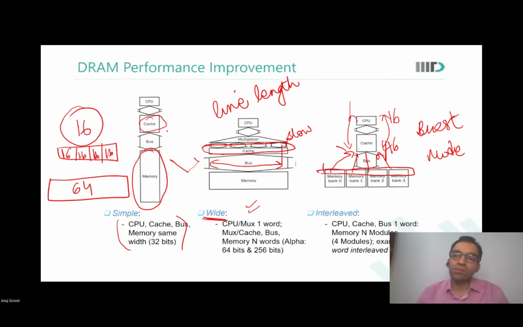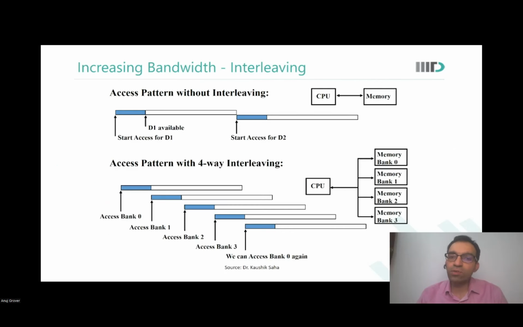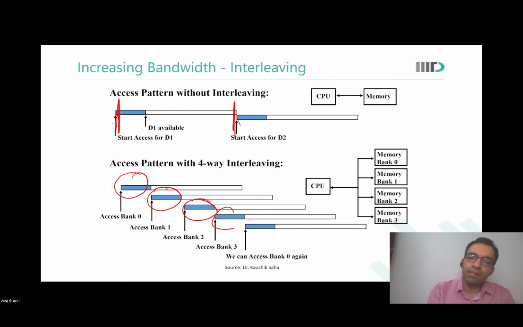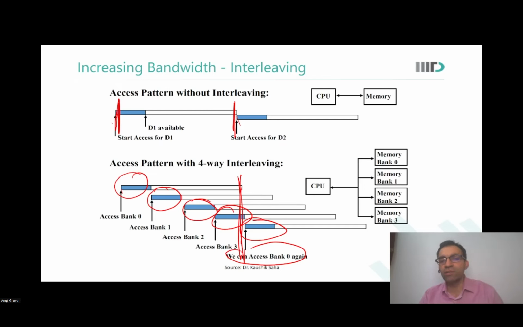Now this is not fully satisfying to designers just yet. So what we also did was that when we were interleaving the memories, instead of initiating access after D1 is fully available and reset, we start to access in a staggered manner, such that when I start to access bank 0 again, its earlier operation, the pre-charge operation, has already finished.